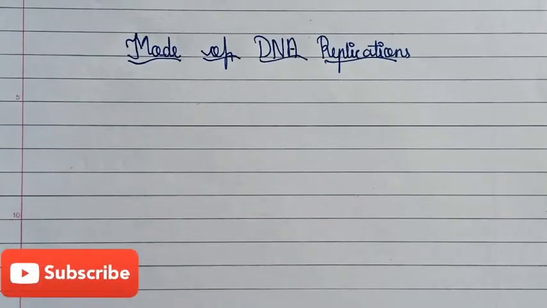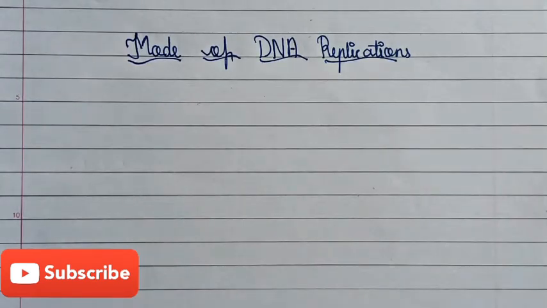Today we are going to begin with modes of DNA replication. First of all, we came to know that DNA is a double helical structure due to the Watson and Crick DNA model. After that, some scientists gave their own opinions on how DNA gets replicated. First of all, Watson and Crick say that if a parental DNA is present, then that parental DNA is semi-conserved.